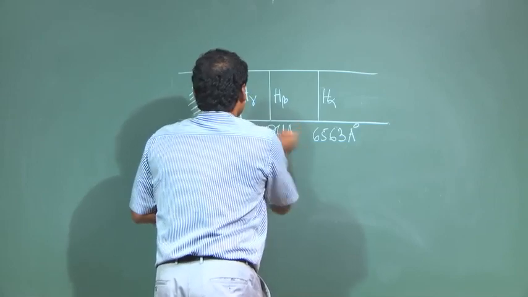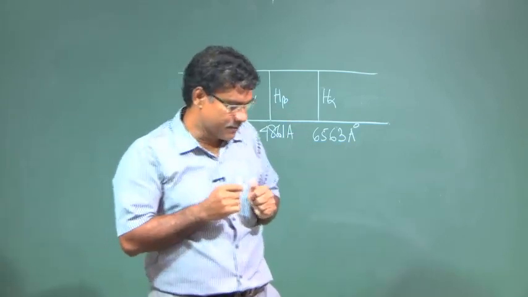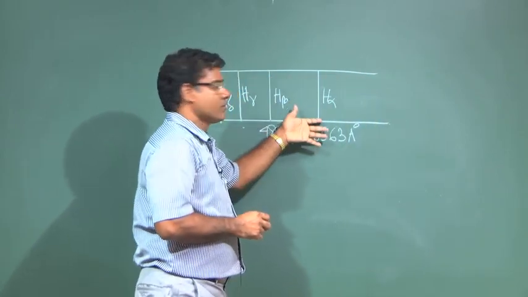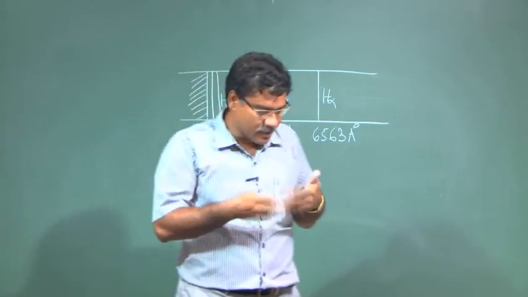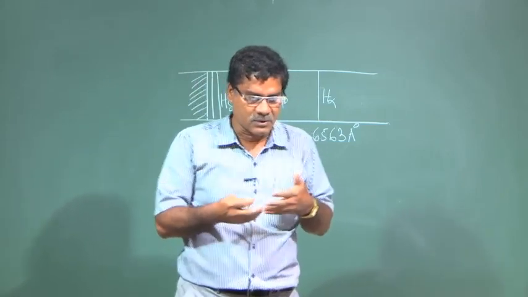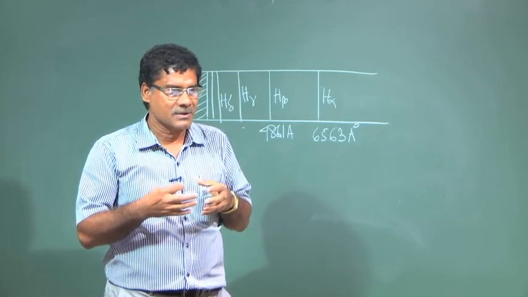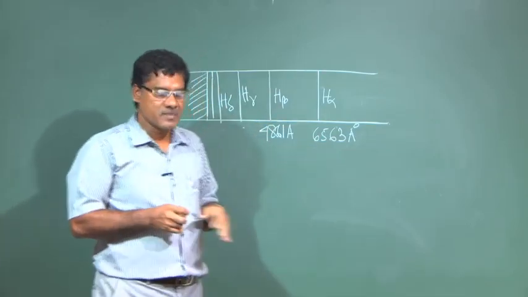Similarly the other wavelengths were also measured, but it was unknown how these lines were coming. They come from hydrogen gas, but at that time the concept of the atom was probably not known.